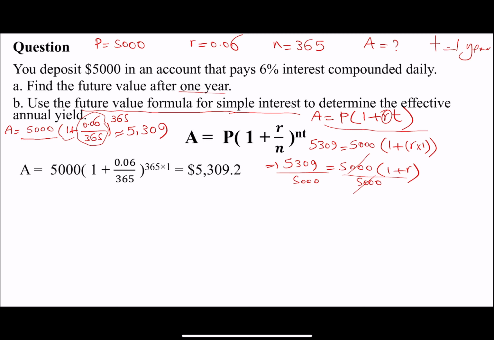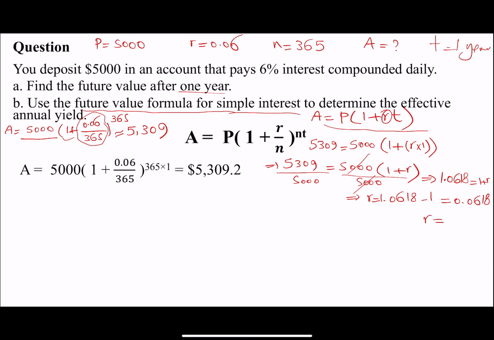On the left side, 5,309 over 5,000 is around 1.0618. On the right side, we have 1 plus R. Now to find R, add -1 to both sides. So R is equal to 1.0618 minus 1, which is 0.0618.